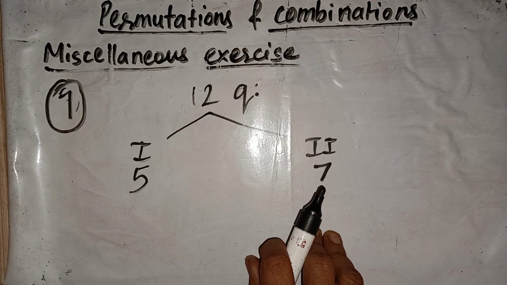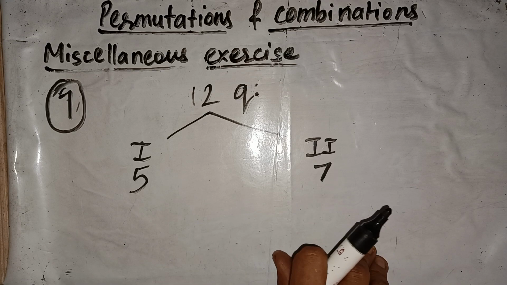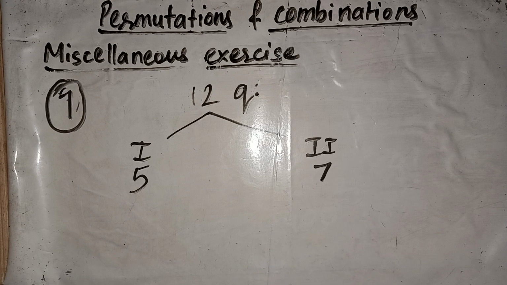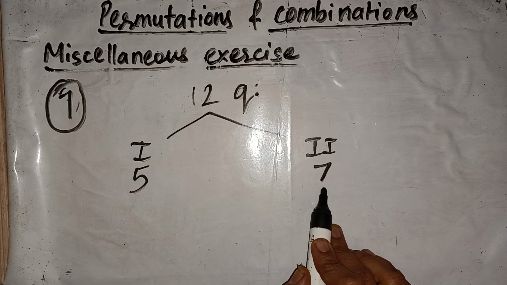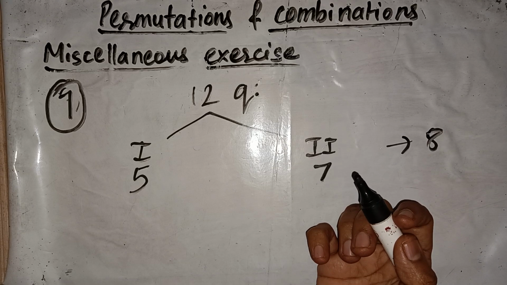So 3 or more than 3. In how many ways can a student select the questions? Total 8. Correct?